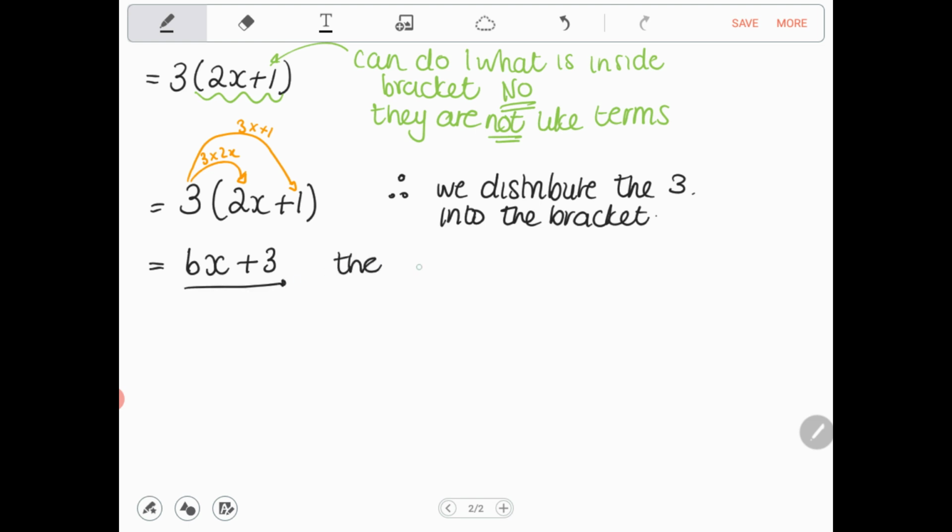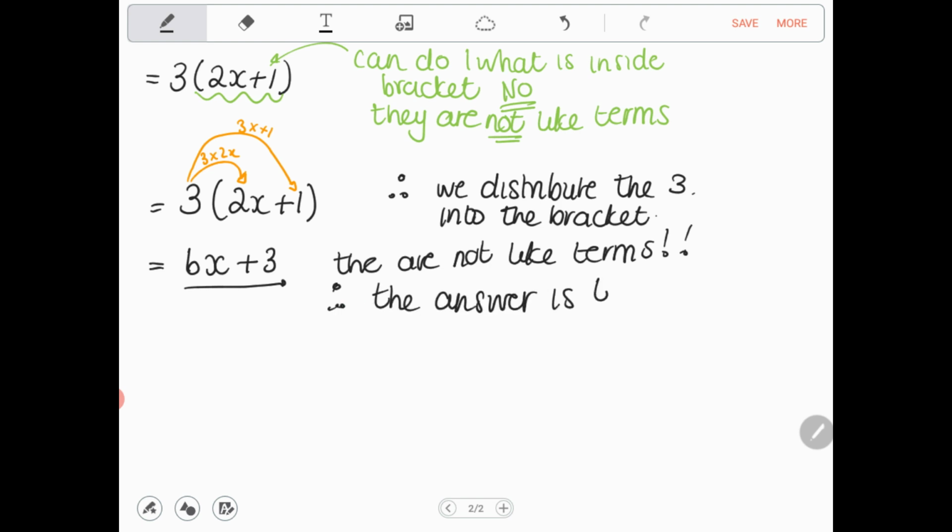These are not like terms, so you can't add them together. The answer is 6x plus 3. It stays like that. They're unlike terms.